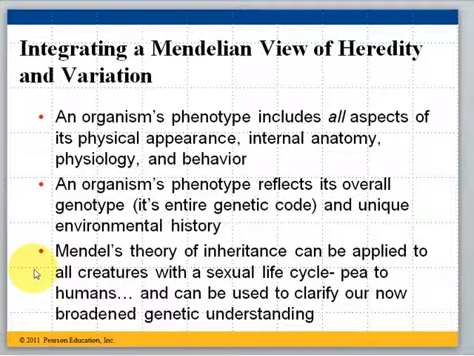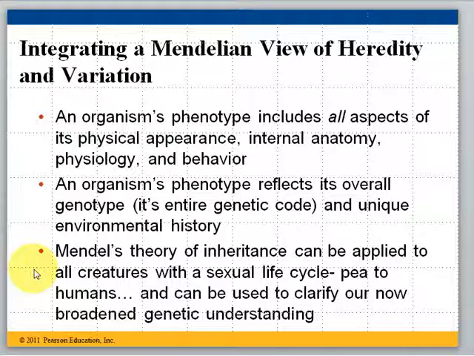So we want to make sure we understand that an organism's phenotype includes all aspects of its physical appearance, anatomy, physiology, and behavior. When I say phenotype, I don't just mean the way it looks, but there's a number of other characteristics or traits about that creature. That could be things you don't see on the inside, or it could be the way that the creature behaves.